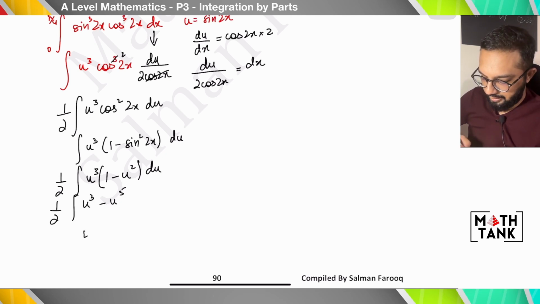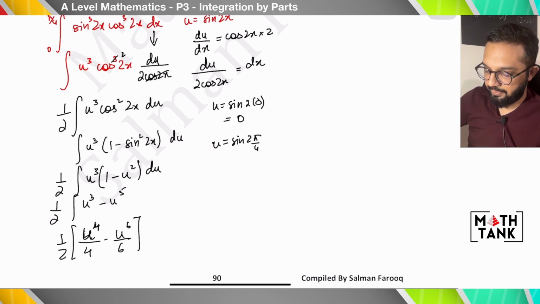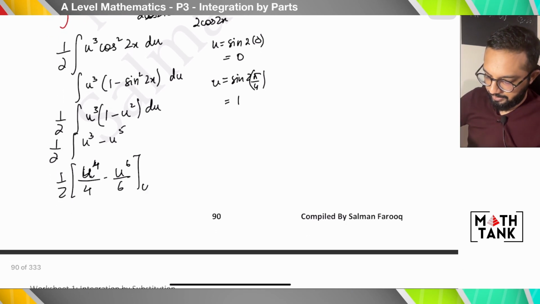And I still have to integrate this. So this becomes u to the power 4 over 4 minus u to the power 6 over 6, with a half outside and the limits u equals sine 2 into 0, that gives me 0, and sine 2 pi over 4 gives me 1, so 0 to 1.